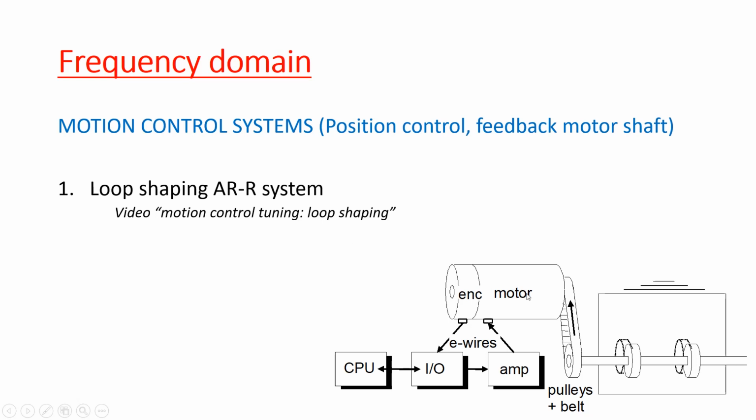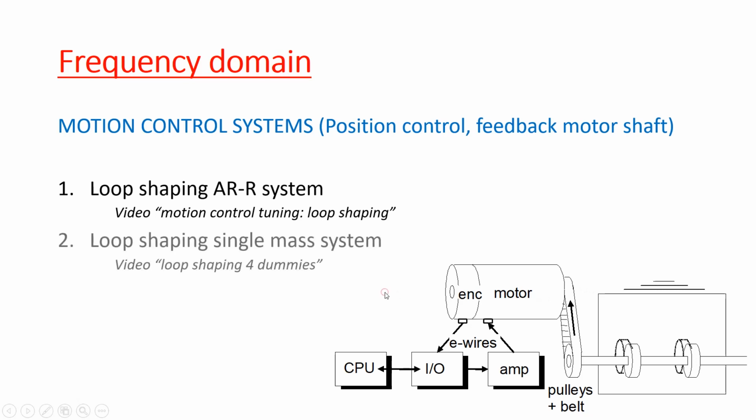So again, it's a motor driving a load through a flexible transmission with feedback by using an encoder on the motor. Now suppose that there is not a flexible transmission between your motor and your system because it's really a tight transmission or the load is coupled directly to the motor. In that case, you can use loop shaping rules for a single mass system.